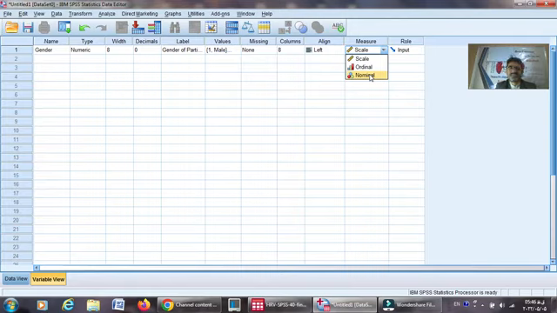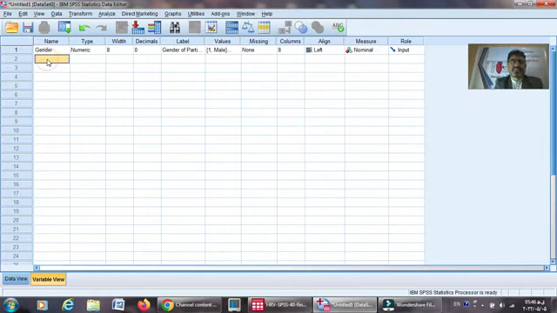In gender, there is no particular level of higher or lower. We cannot say female has a higher level of gender than male, or male than female. It's ordinary information. We can use nominal.